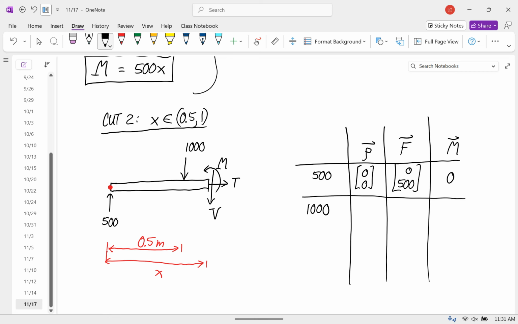What's the row vector for the 1,000? 0.50. Because you're just going in the x direction and we're not worried about y. So this is just 0.50. And the force is 0, negative 1,000. Cross product is negative 500.